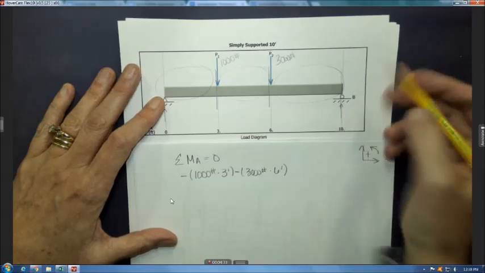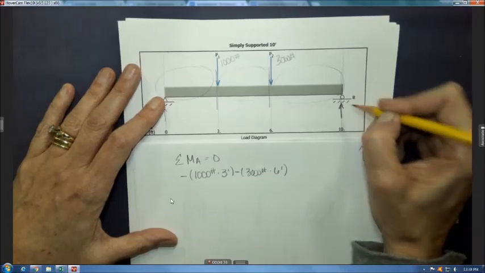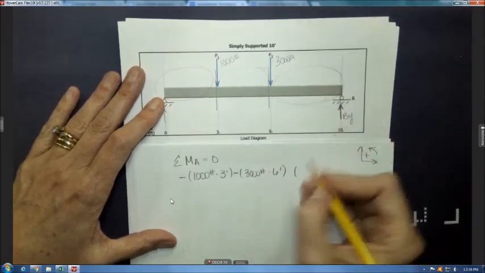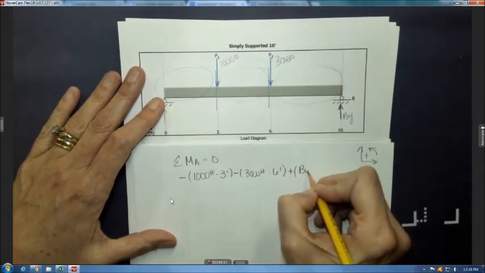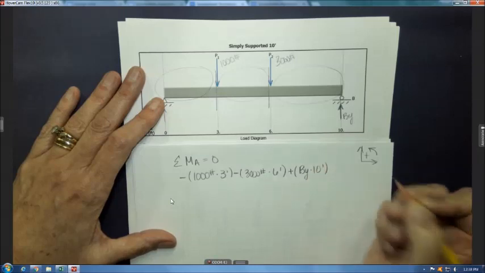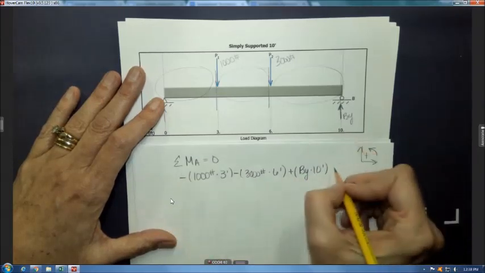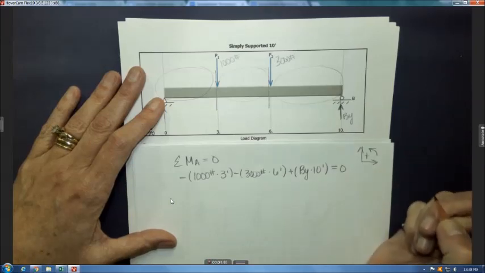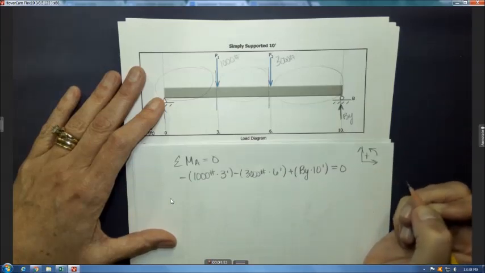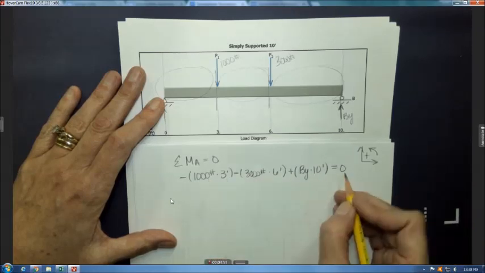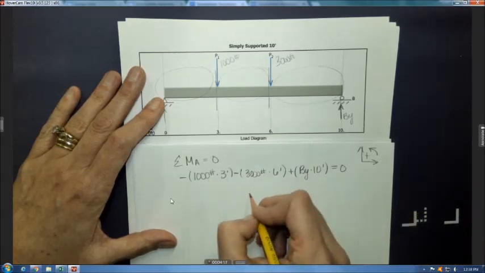Then at BY, I know that there's going to be a reaction BY going up here. And so if I pull in the direction of that rotation, that's going to go positive. This is going to be BY times 10 feet. Those are all of the offset forces causing rotation around A, so I set this equal to 0. Okay? Now, I'm going to rearrange my equation to solve for BY.